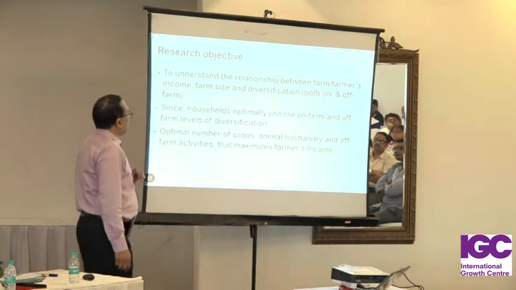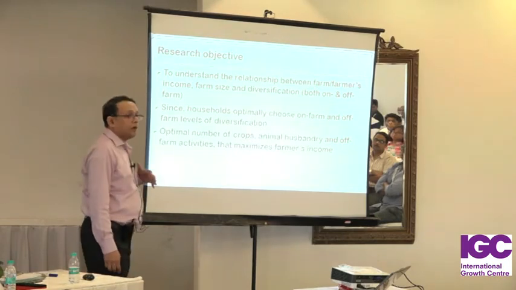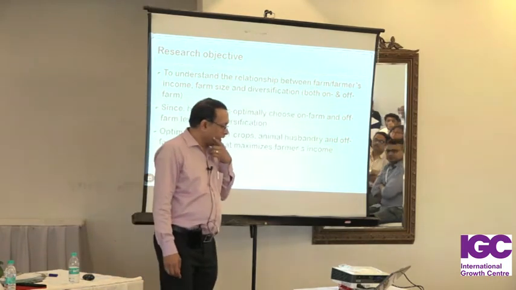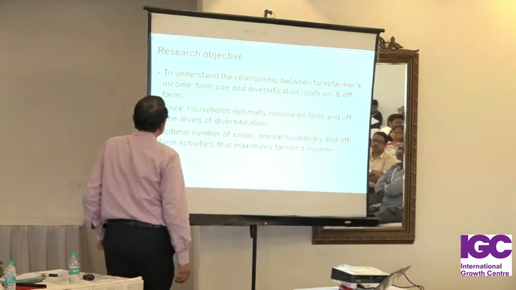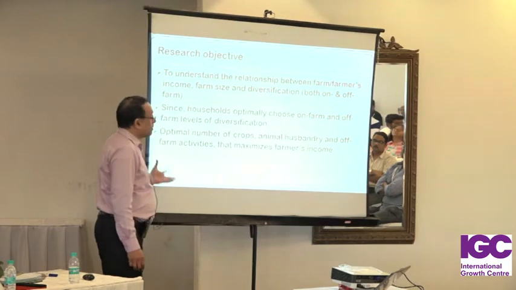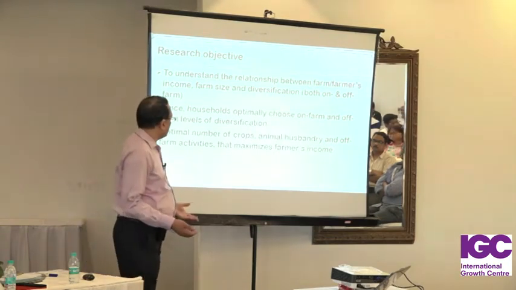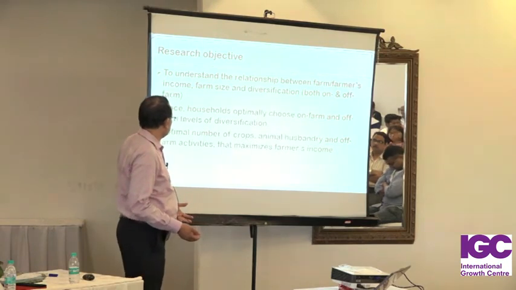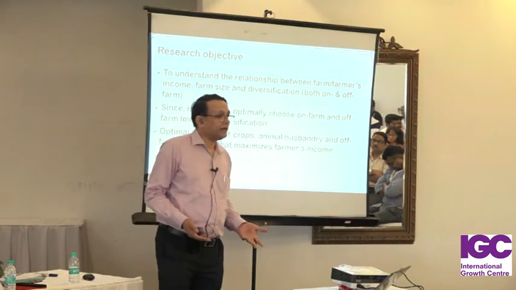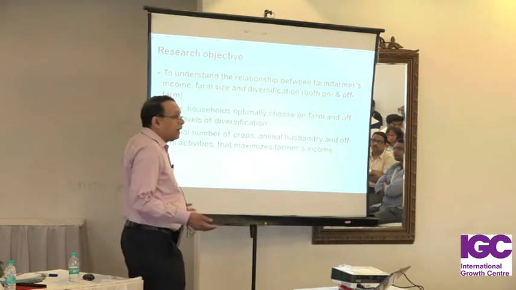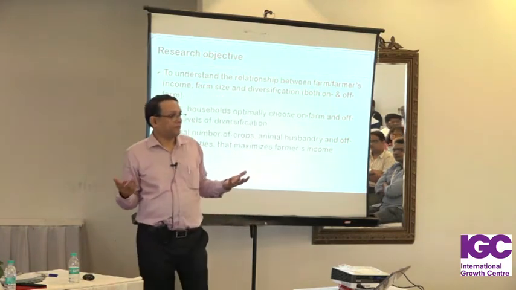Okay. And households, basically we say that households have to optimally choose on-farm and off-farm diversification, and they have to decide how many crops they want to be in, how many animal products they want to be in, how many non-farm activities they want to get into, so that their aggregate income is maximized.